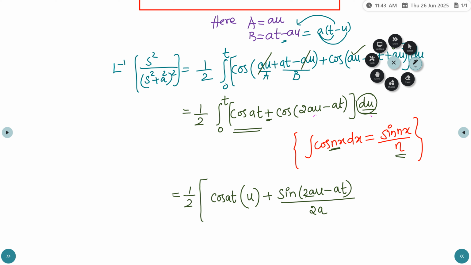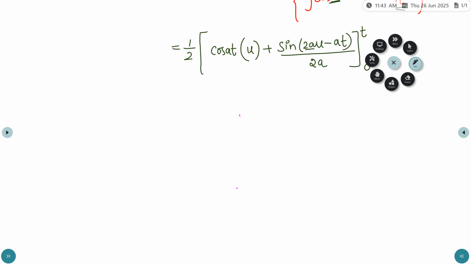The coefficient of x comes in the denominator. So over the limit 0 to t. Now substitute the limit, upper limit minus lower limit. Our upper limit is equal to 1 by 2. The limit is only for u.